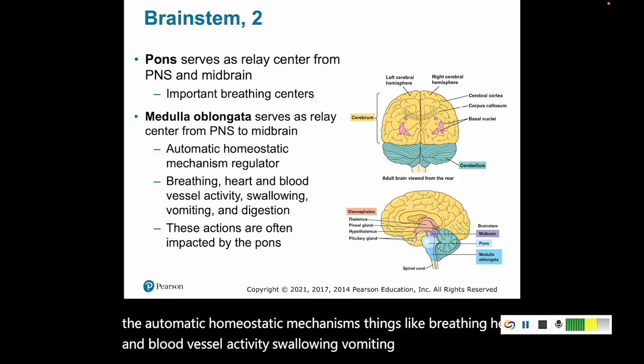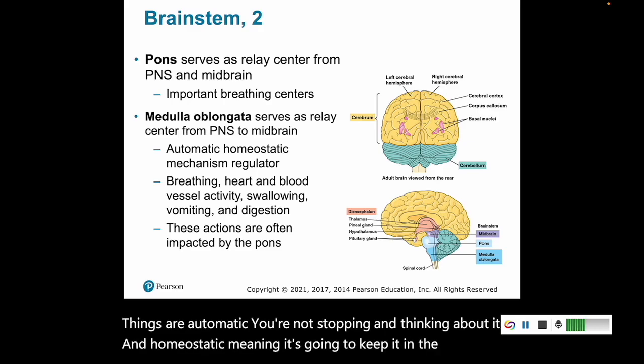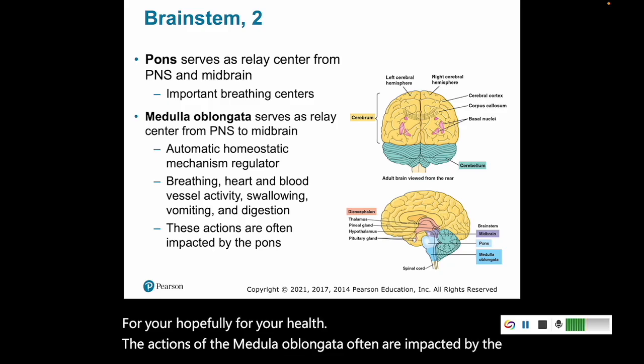Things are automatic. You're not stopping and thinking about it. And homeostatic, meaning it's going to keep it in the balance hopefully for your health. The actions of the medulla oblongata often are impacted by the pons. They don't work independently.